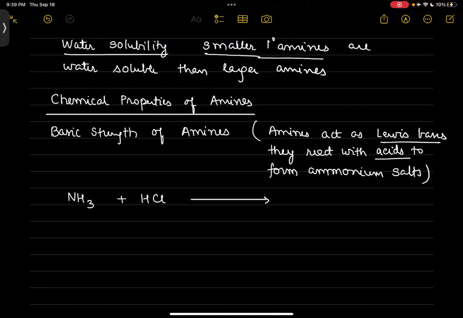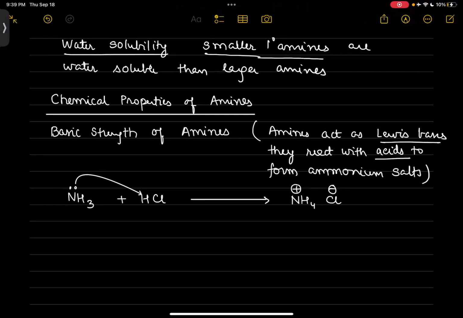Yeah. We are going to get NH4 plus and Cl minus. Got it? So we get ammonium chloride. This is the salt.